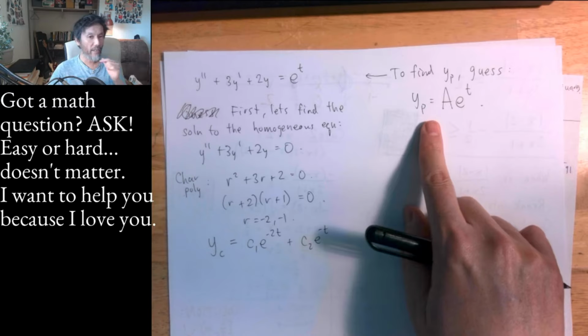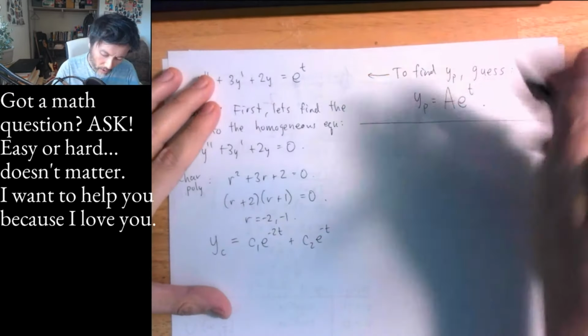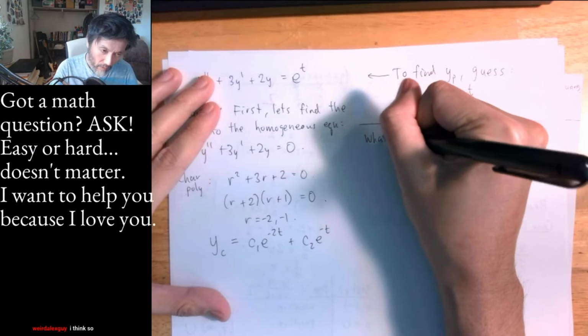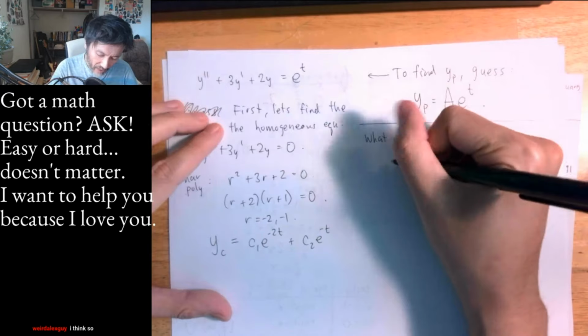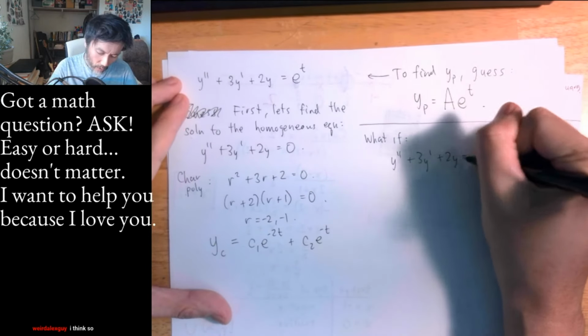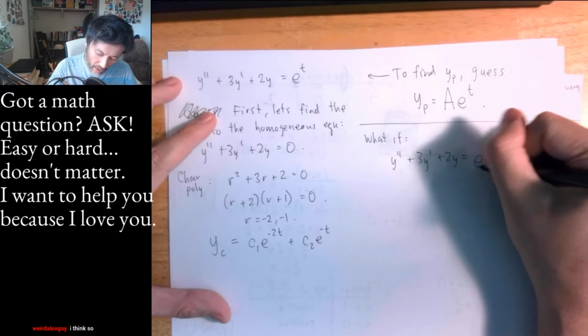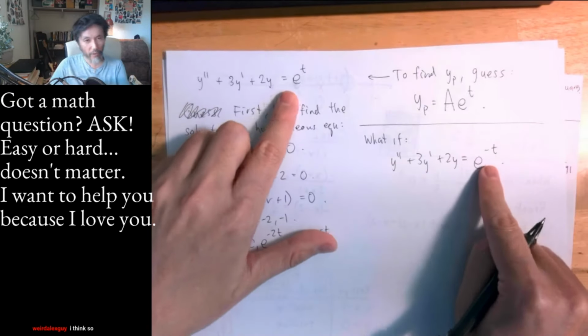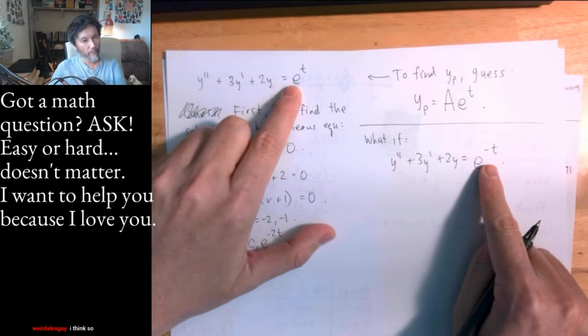But I do want to say, what if the problem was a little different? What if we had instead y double prime plus 3y prime plus 2y equals, let's say, e to the negative t. So what is the difference? The g of t is slightly different, right?